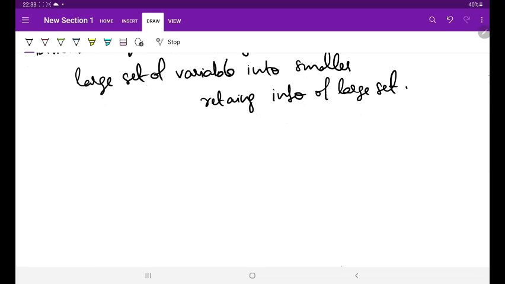We are trying to reduce it into a smaller variable set because it will be easier to explore, visualize and analyze the data, and machine learning algorithms can be implemented faster on a smaller data set.